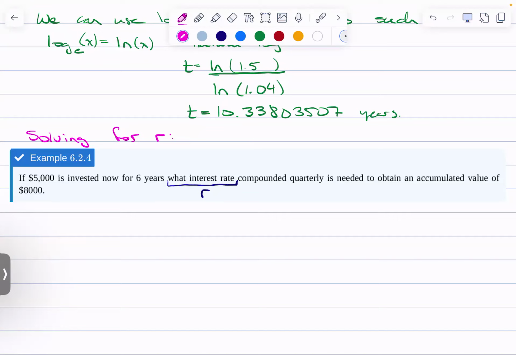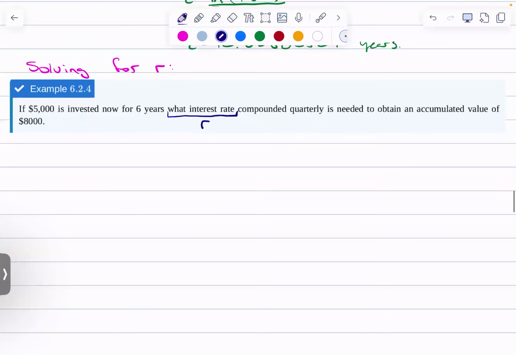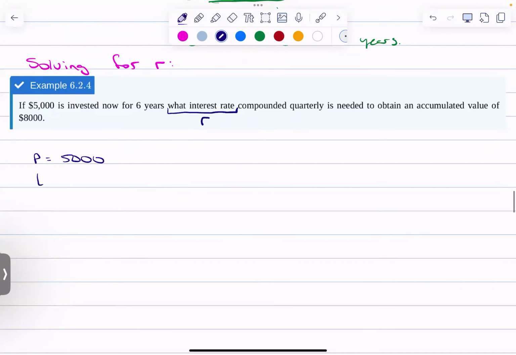Okay, so again, let's talk ourselves through this statement. The principal amount invested is 5,000. T is 6 years. Compounded quarterly, which means 4 times per year.